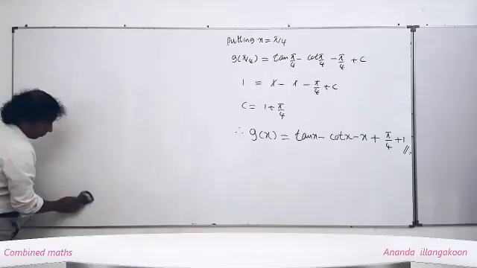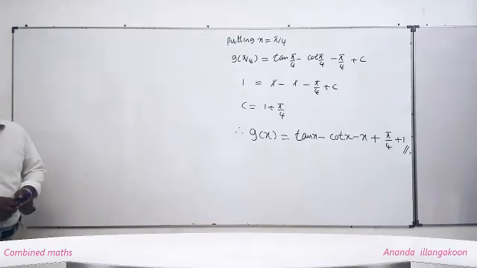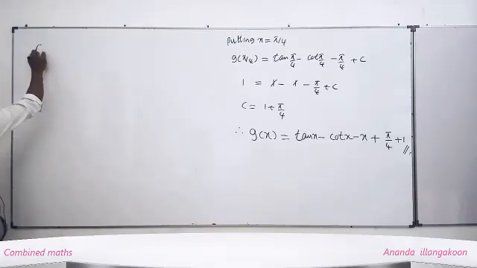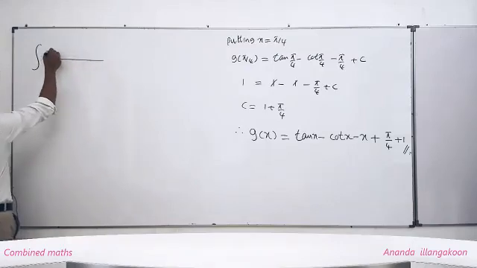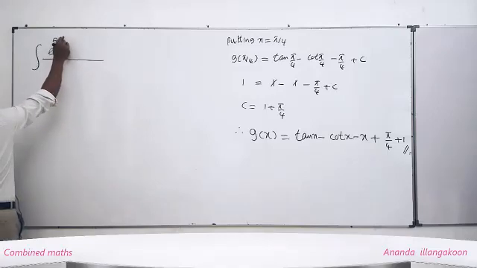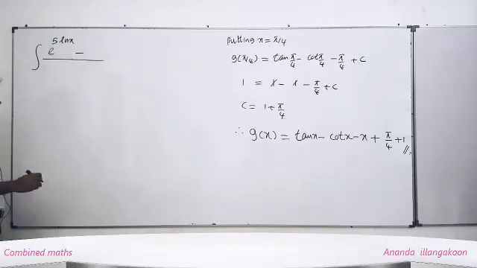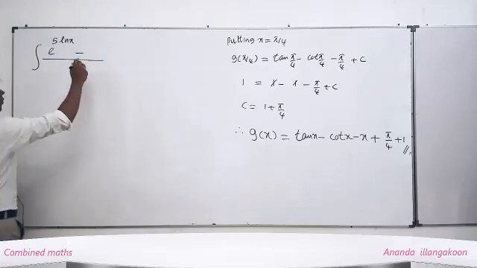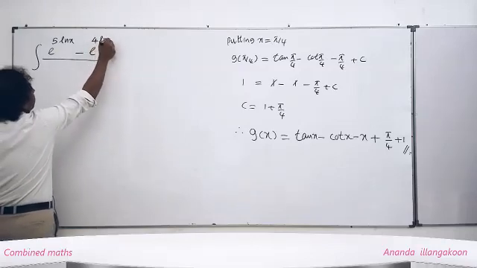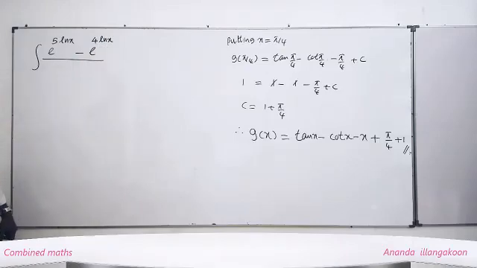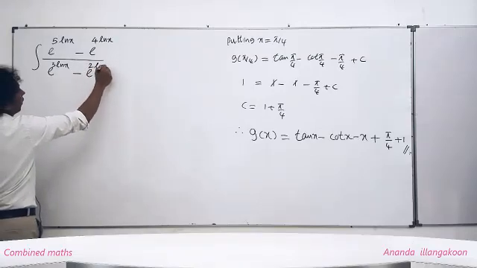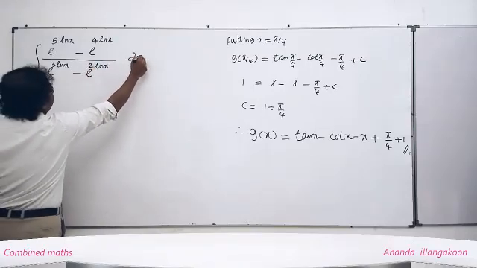Okay, now come to the next one. The next one is the integral of e to the power 5 ln x minus e to the power 4 ln x, divided by e to the power 3 ln x minus e to the power 2 ln x, dx.